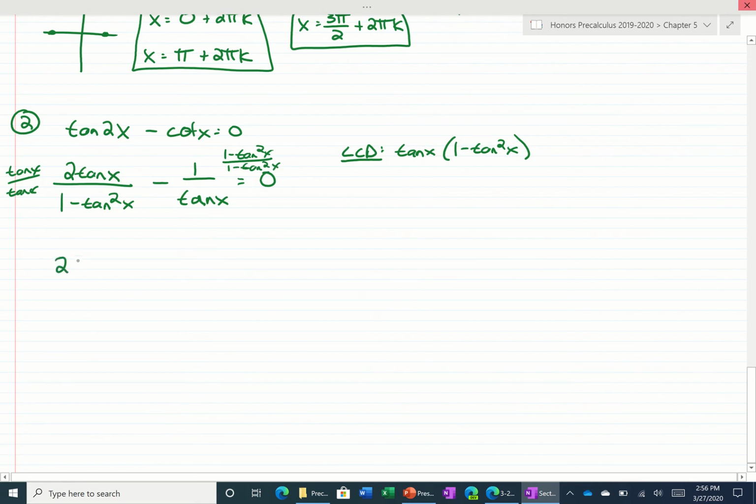So we would have 2 times the tangent of x times the tangent of x minus 1 times 1 minus the tangent squared of x, all divided by the same denominator.